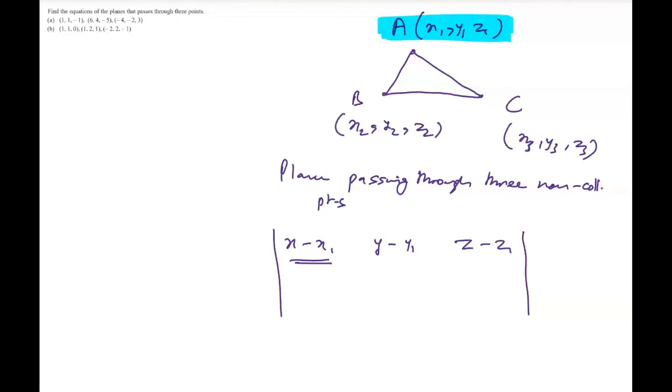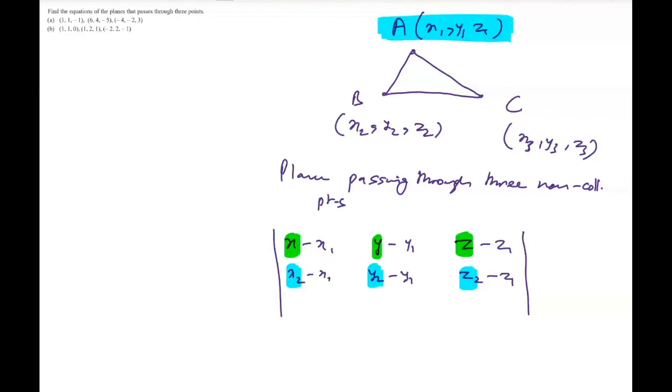Here the second row is x2 minus x1, y2 minus y1, z2 minus z1. First we subtracted x1 from x, y, z. Now we are subtracting x1 from x2, y2, z2. Now we'll be subtracting x1 from x3, y3 and z3.